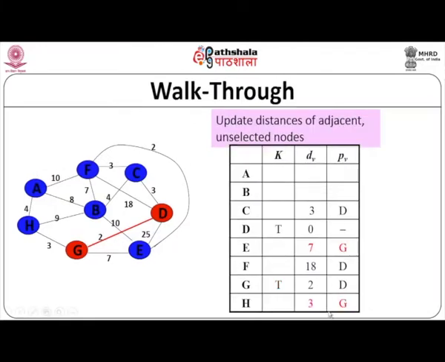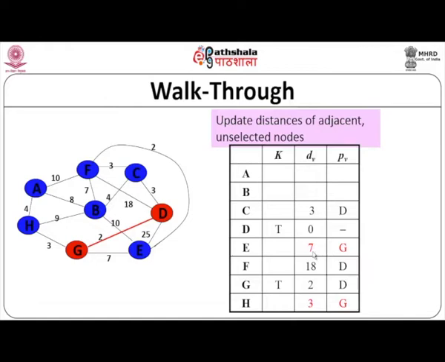You will see that E has changed to 7, nothing else has changed, because G is connected to D, E and H. H is a new node which is not previously connected to D. So, that remains as it is, but G is connected to E, D is also connected to E. The label was 25, but now it becomes 7 because this is lesser than 25.